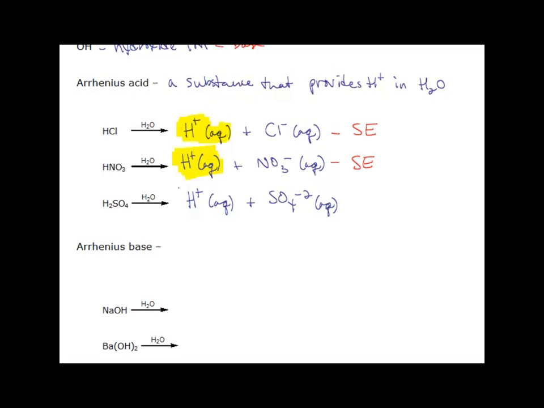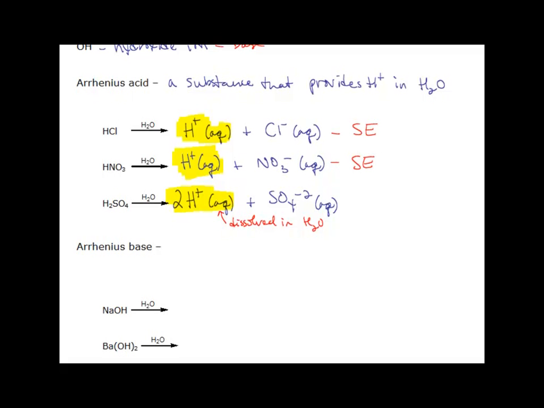No, it's not. I need to put a 2 here. Now, a lot of students often say, well, how are you balancing the water? The water isn't accounted for here. Remember that aq means dissolved in water. So that's how we account for water right there. Okay, so these were all examples of Arrhenius acids.